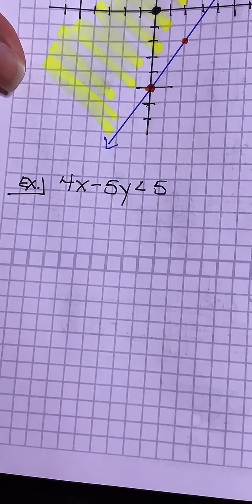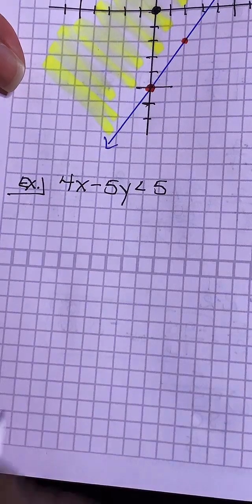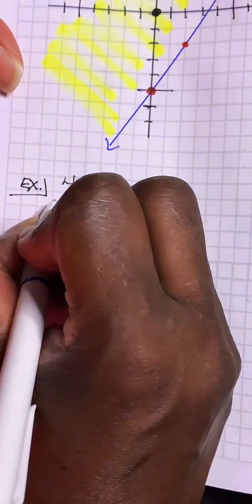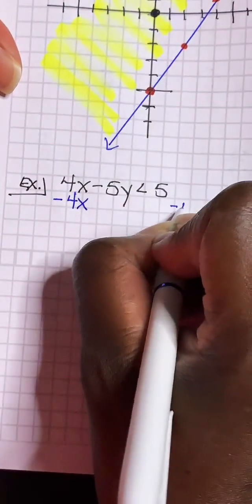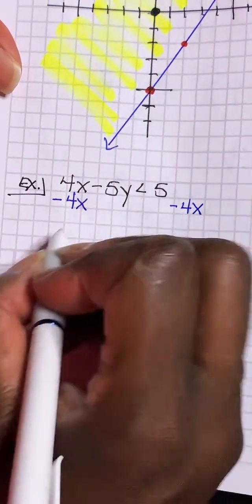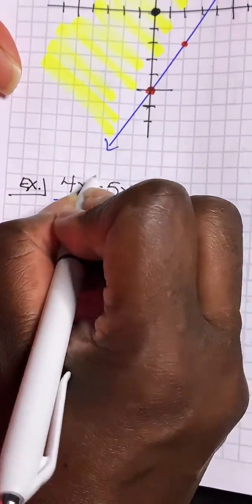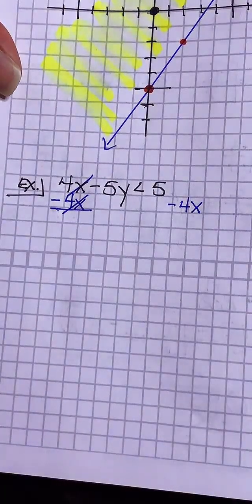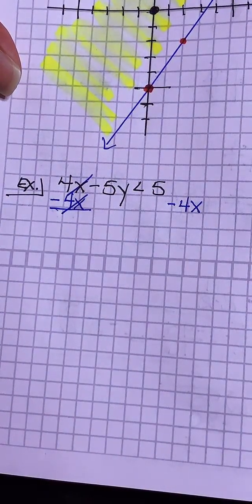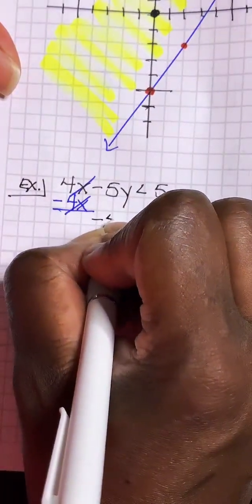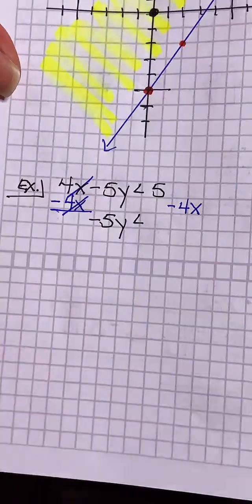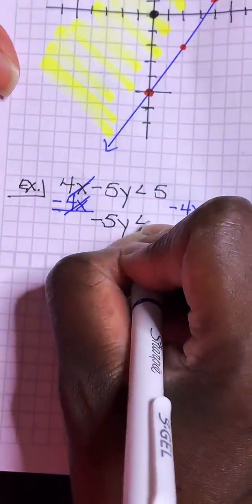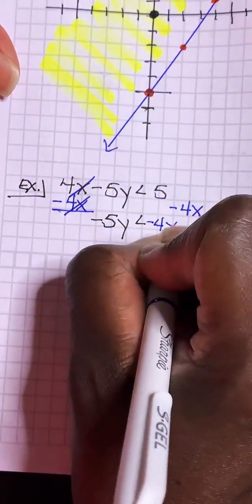All right. So I'm seeing that the first thing I should do is subtract my 4x. So when I do that, I have my negative 5y is less than my negative 4x plus 5.